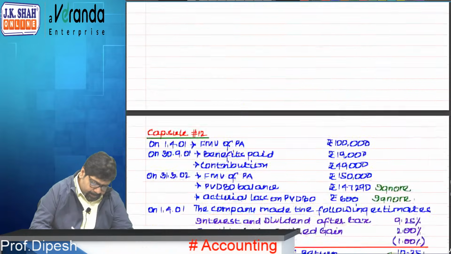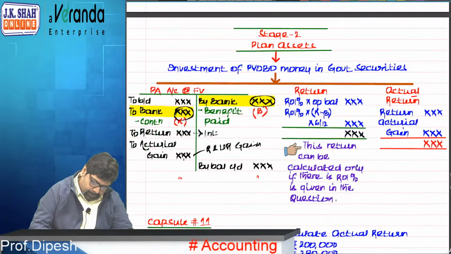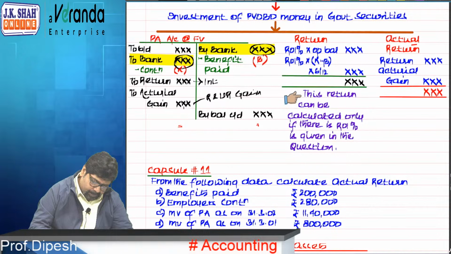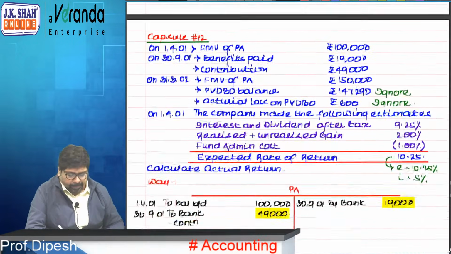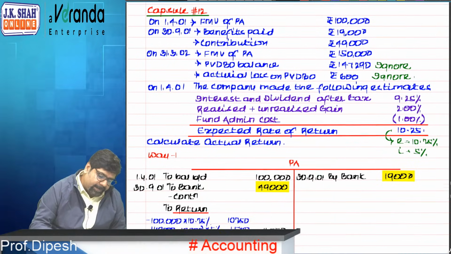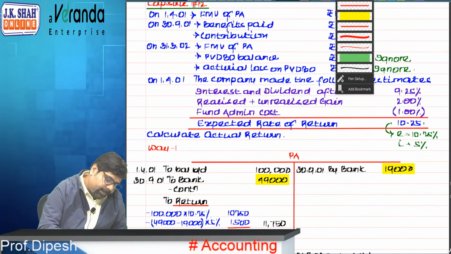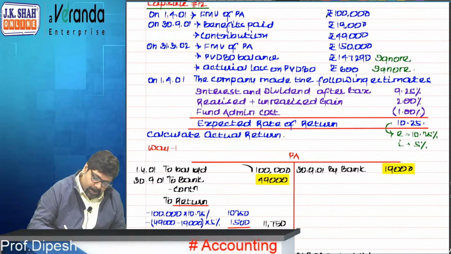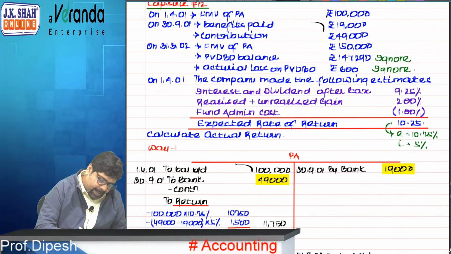Now charted. Opening value of plan assets is how much? 1 lakh. Benefits paid 19,000. Contribution 49,000.